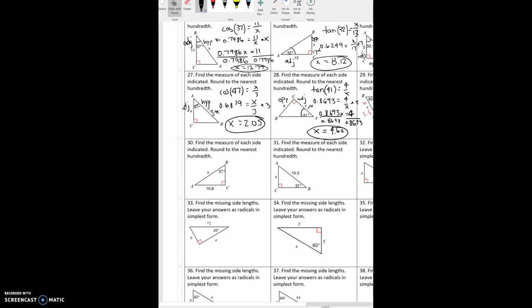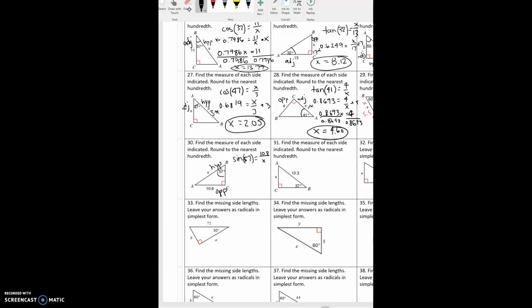Number 30. Find the measure of each side indicated. Here's my angle. We're given the opposite and hypotenuse. So we're going to use the sine of 57 is equal to the opposite divided by the hypotenuse.